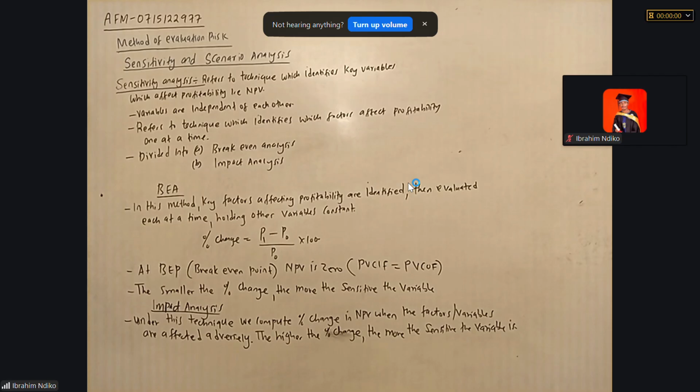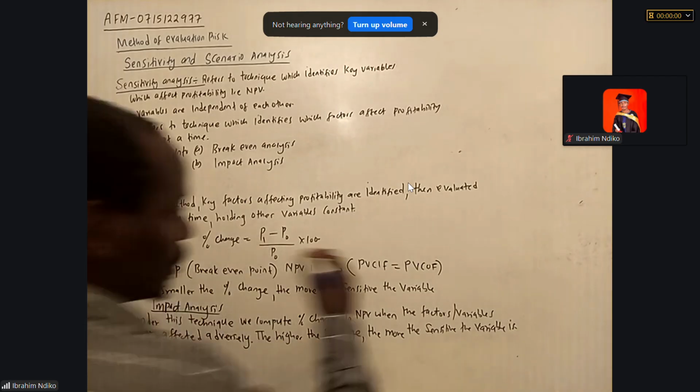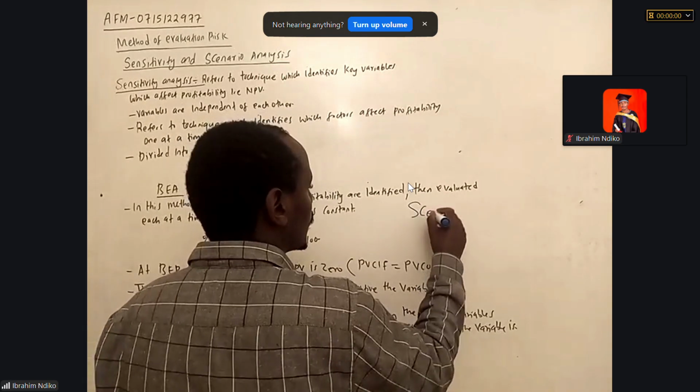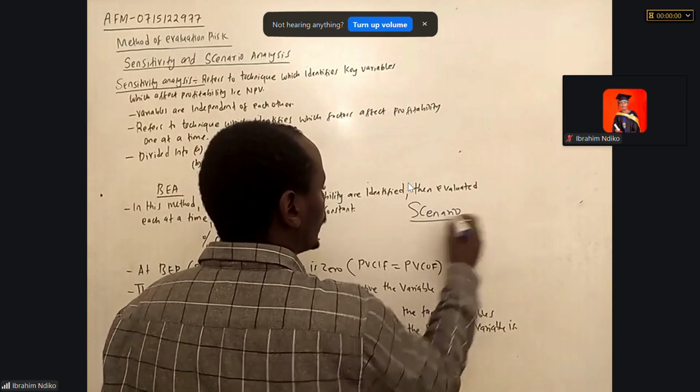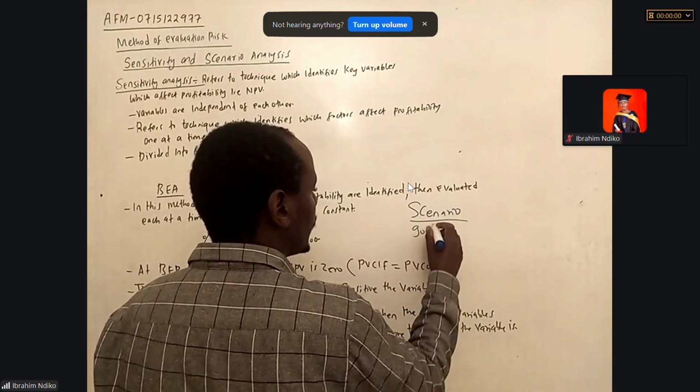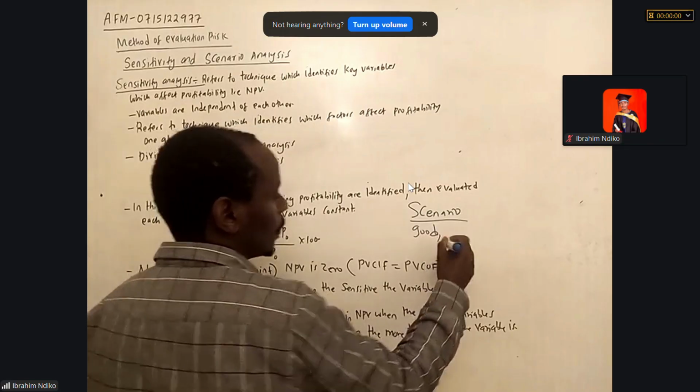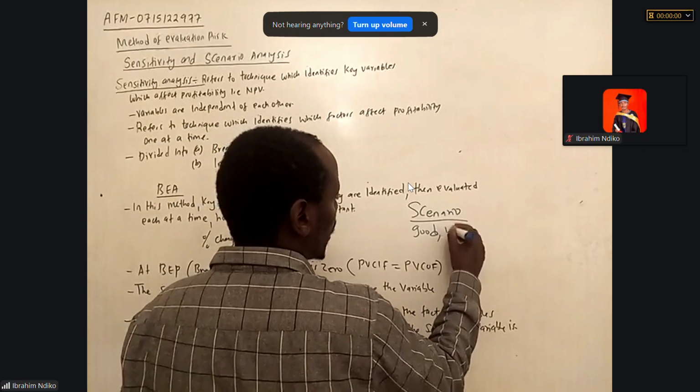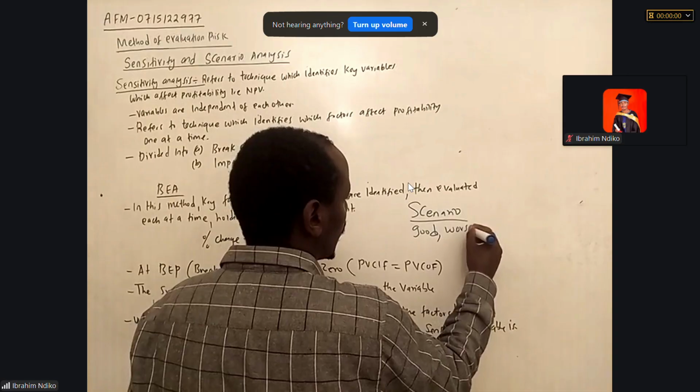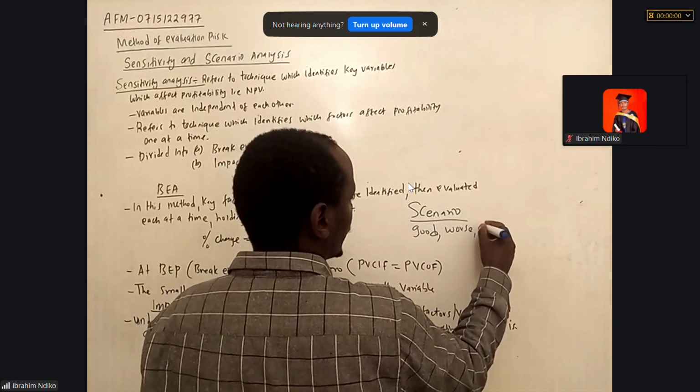Scenario analysis considers scenarios. We can have three types of scenarios. You can have good, worse, and maybe average.